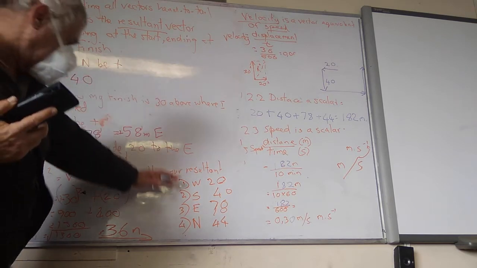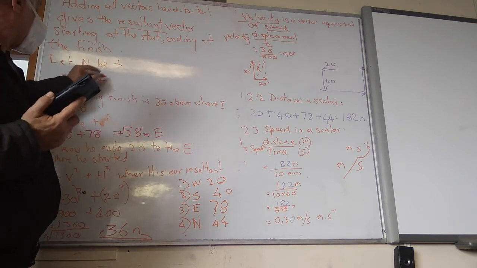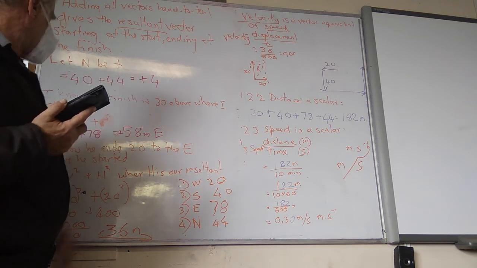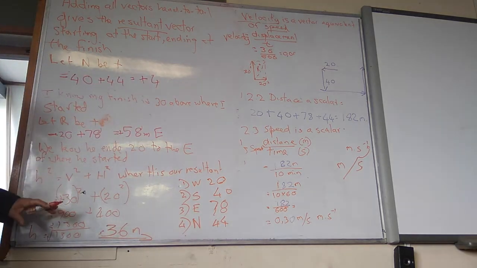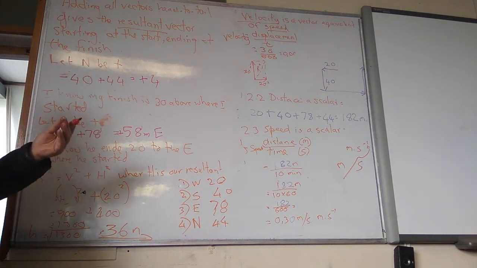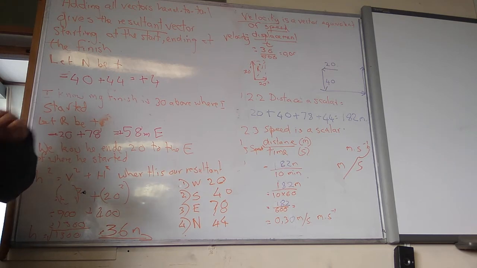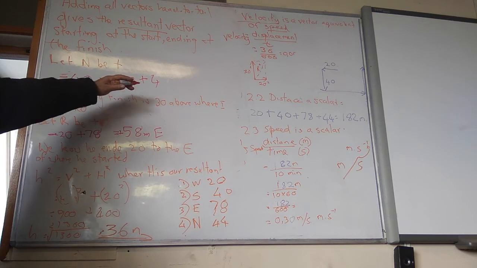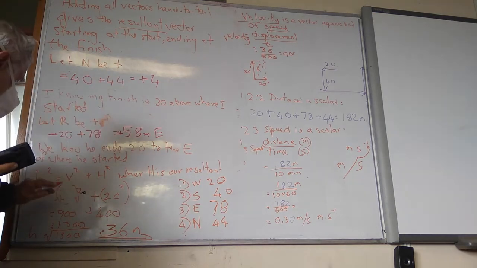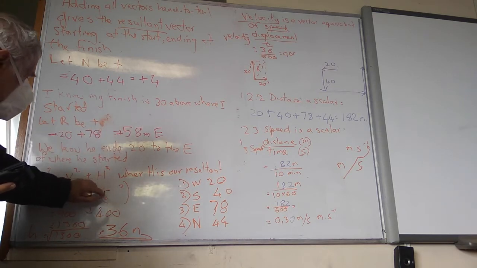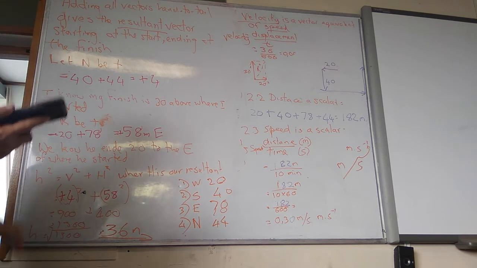Now, if it's a minus and you square it, it still becomes a positive. So it doesn't matter if your answer is a negative, because a negative times a negative is a positive. So both numbers are positive. So this is going to be plus 4 squared plus 58 squared. So that's going to be 4 times 4 plus 58 times 58.